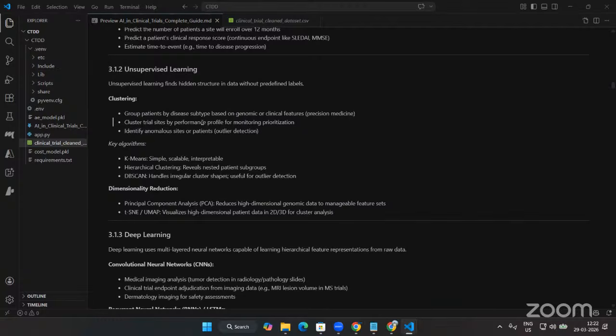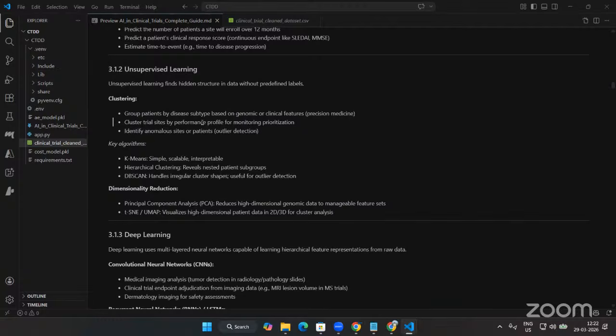Now the next thing is clustering trial sites by performance profile for monitoring optimization. So with trial sites we can prioritize, then identify anomalous sites or patients.